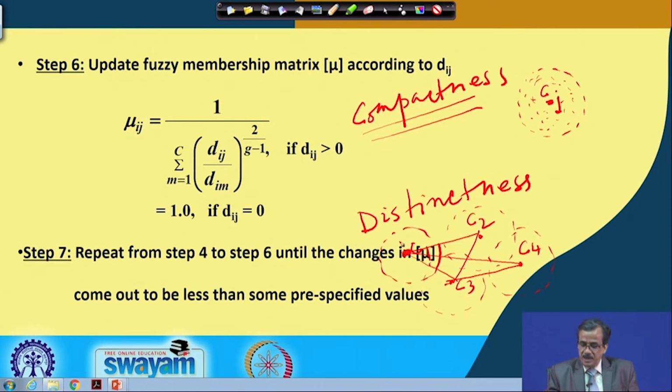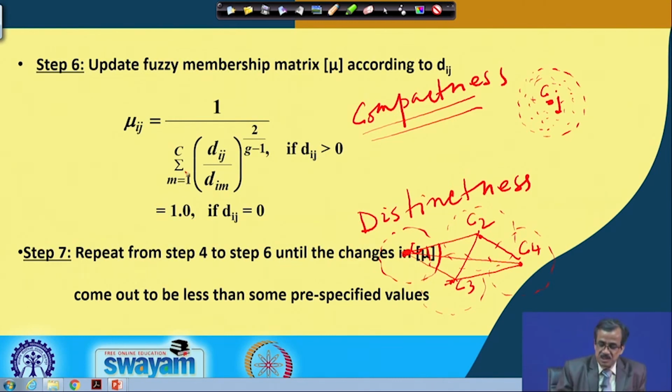Then we find the Euclidean distance between C 2 and C 4 and so on. All the Euclidean distance values between the possible pairs of clusters we determine, and we find the average value. Now, if the average Euclidean distance between the cluster centers is found to be more, then we declare that these are very distinct clusters.